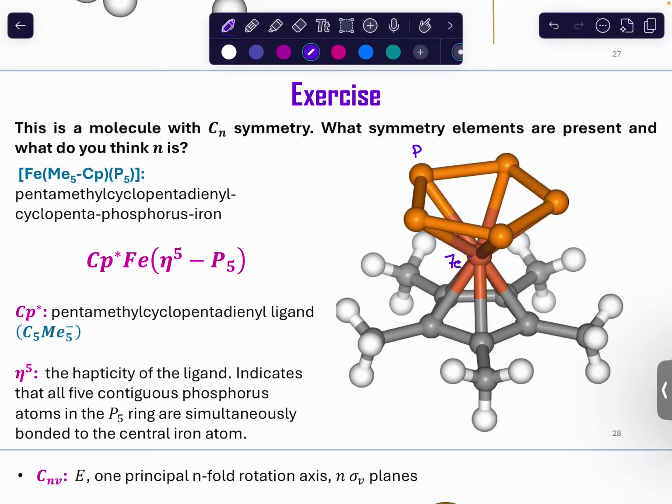So the formulas there are identical. It's just different ways to represent it. I really wanted you to see hapticity. You've probably never seen etas before. And you start getting used to shorthands.